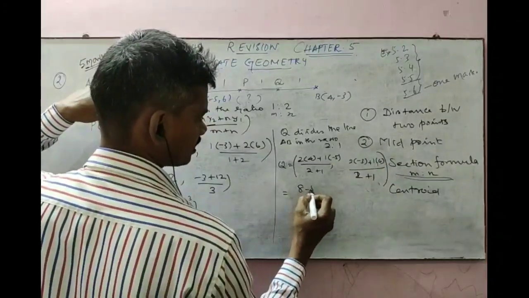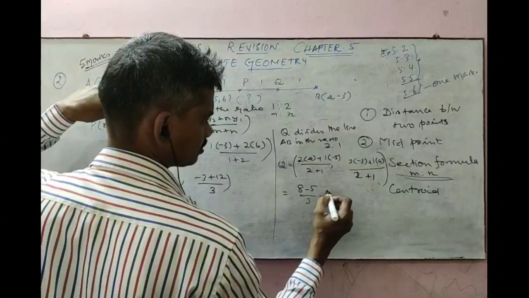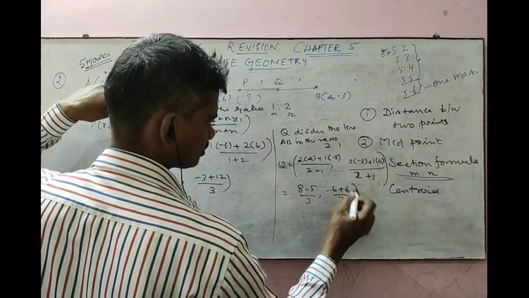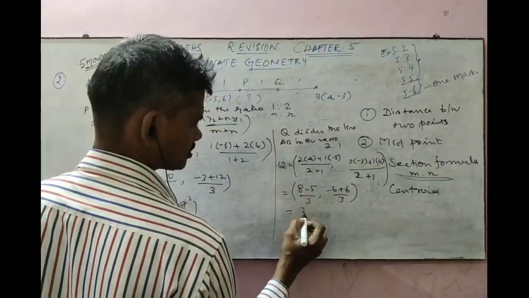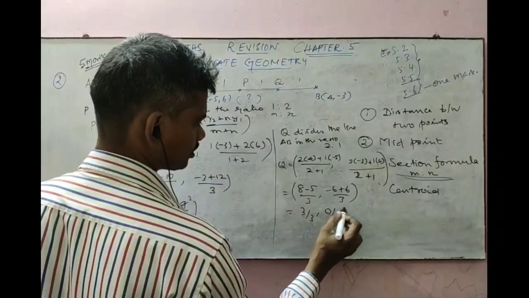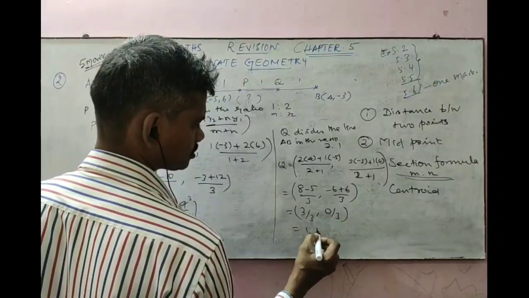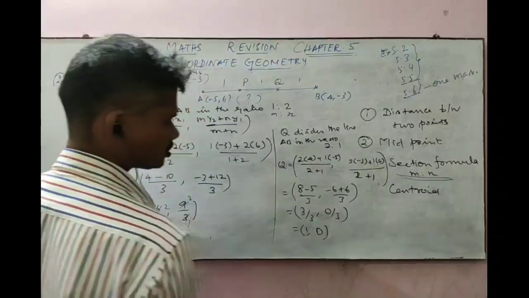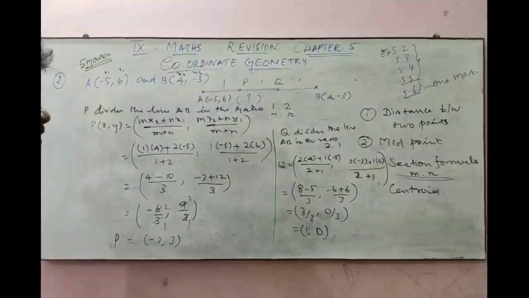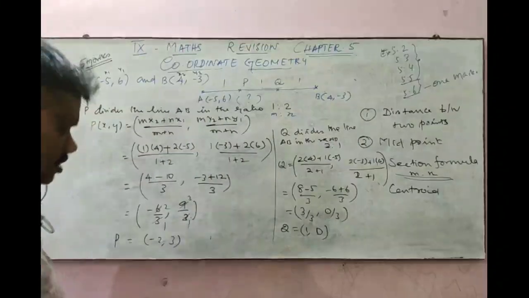So you will get (8 minus 5) by 3, comma, (minus 6 plus 6) by 3. On simplification you get 3 by 3, comma, 0 by 3. 3 by 3 gives 1 and 0 by 3 gives 0. So the coordinates of Q is 1 comma 0.